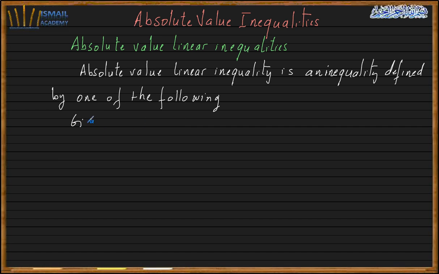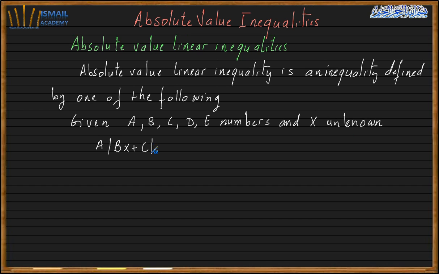Given A, B, C, D, E numbers and X unknown, A times the absolute value of Bx plus C, plus D is less than E, or it can be strictly less, or more than E, strictly greater. So it can be one of those.